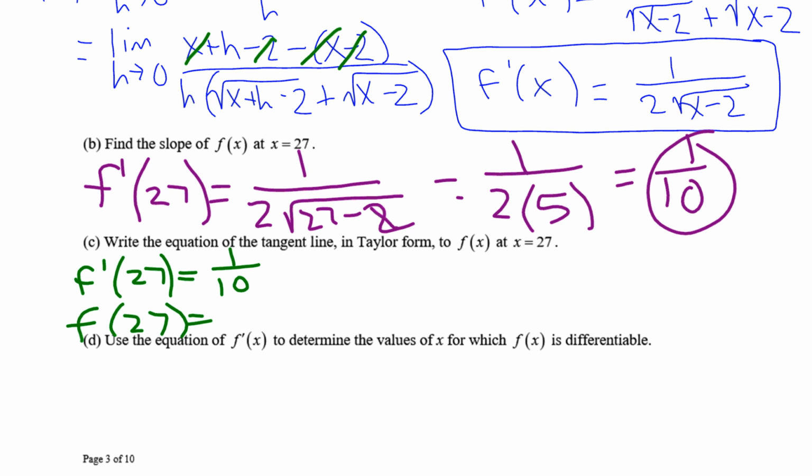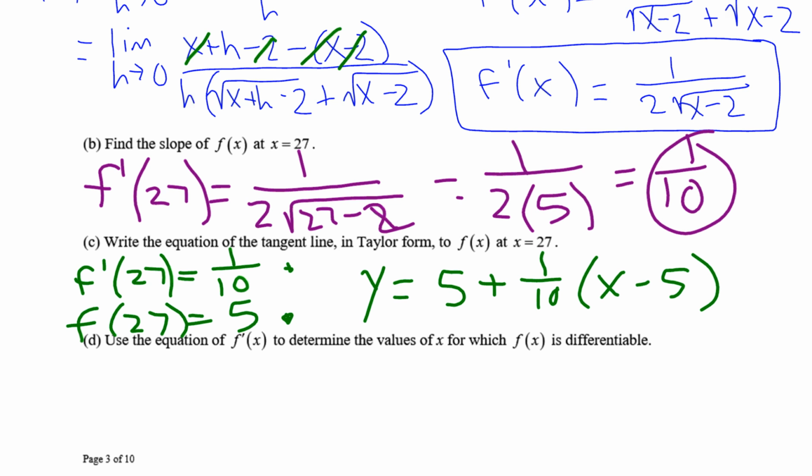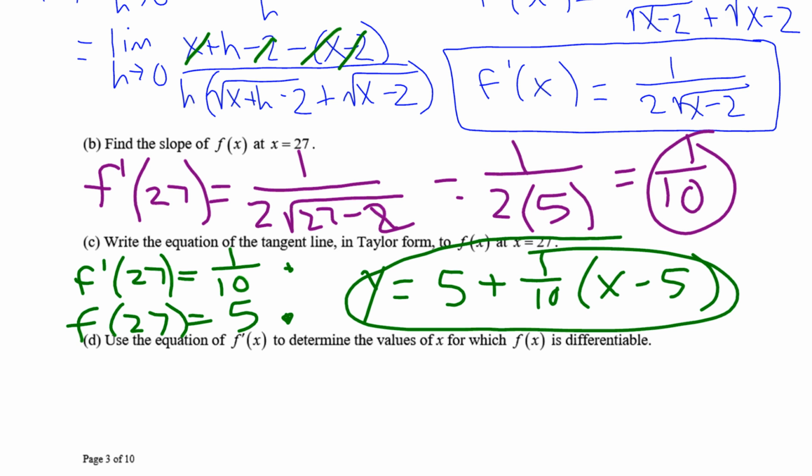If you plug in 27 to our original equation, you get the square root of 25, which is 5. So we have our x and y value, and we have our slope. Y equals our y value, 5, plus our slope times x minus 27. And you can leave it just like that, and you're done. There's the equation of our tangent line at the point when x is 27.